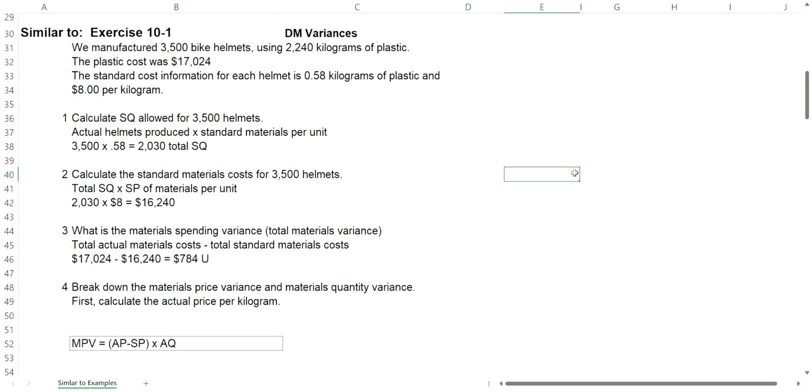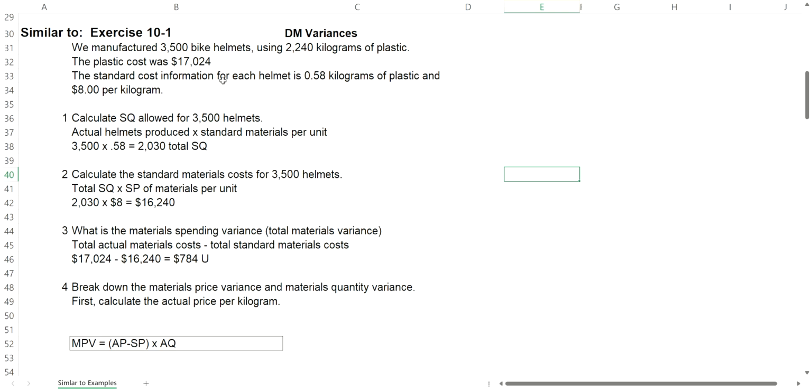Okay, let's go ahead and start with calculating direct material variances. Let's assume that we actually manufactured 3,500 bike helmets, and we actually used 2,240 kilograms of plastic for all 3,500 helmets. And we spent, for all 3,500 helmets on plastic, $17,024.